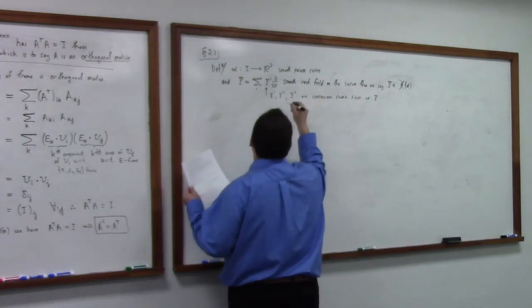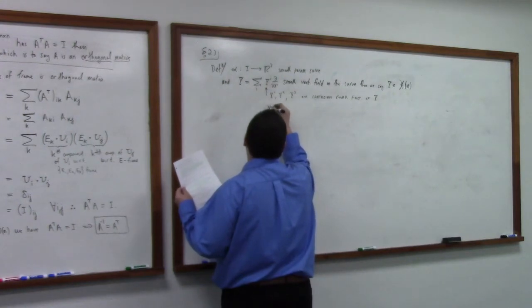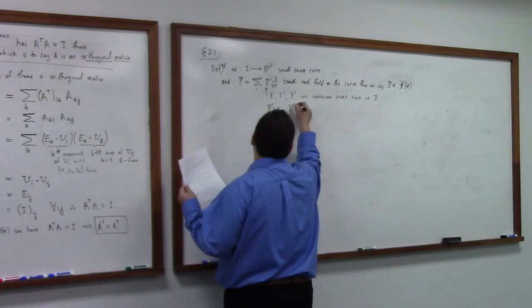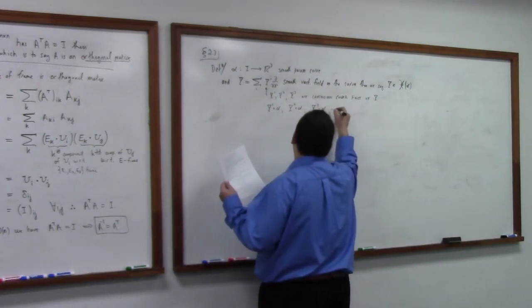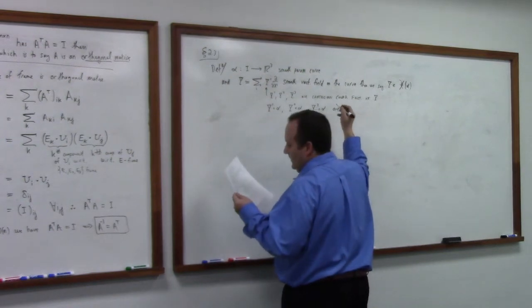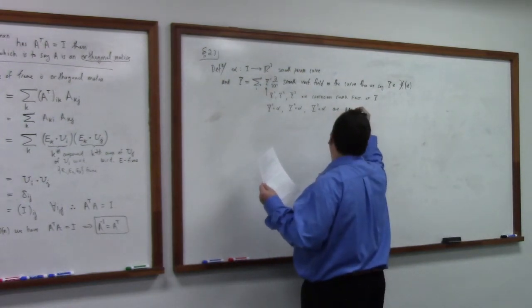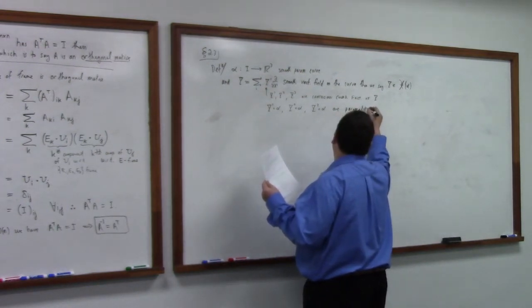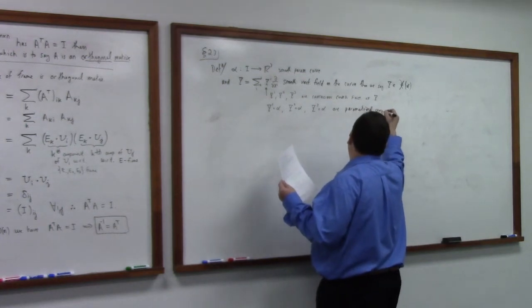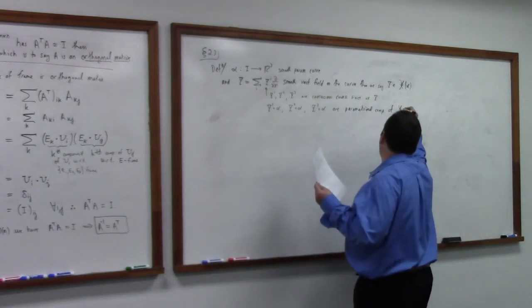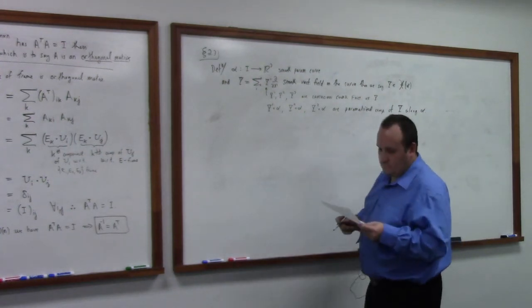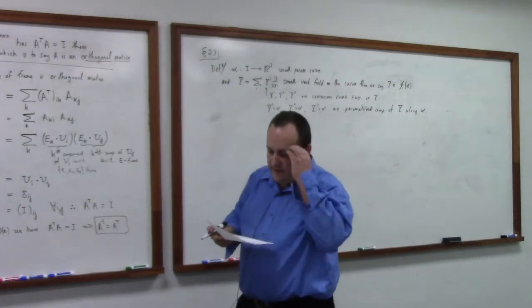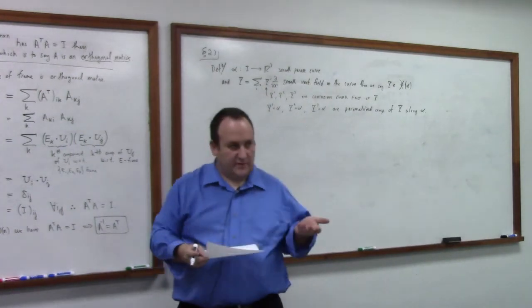In contrast, y1 composed with alpha, y2 composed with alpha, y3 composed with alpha are the parametrized components of y along alpha. And we say y is smooth to say it has smooth coordinate functions, all right?